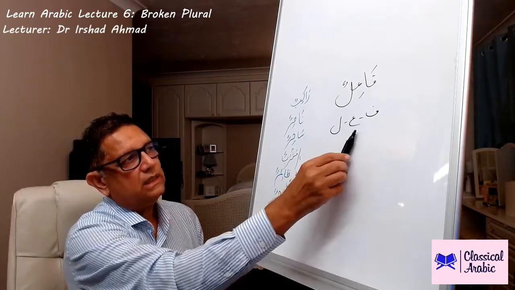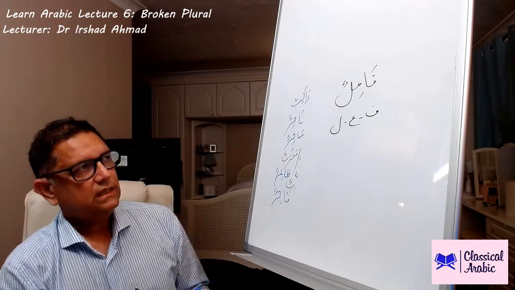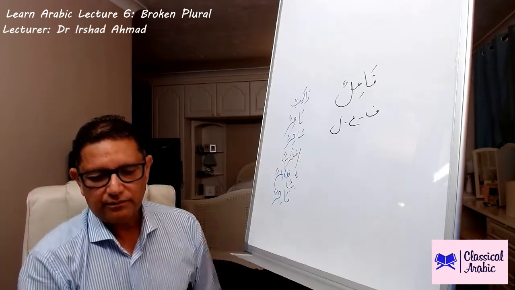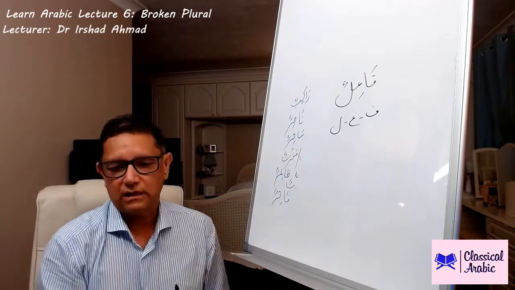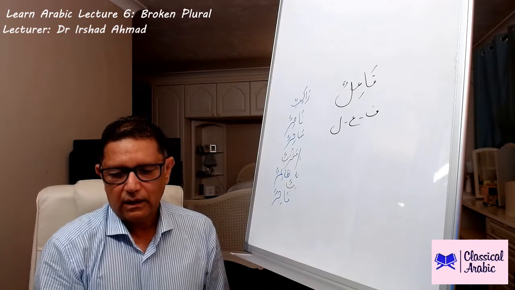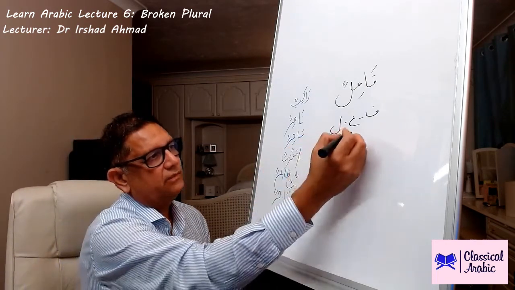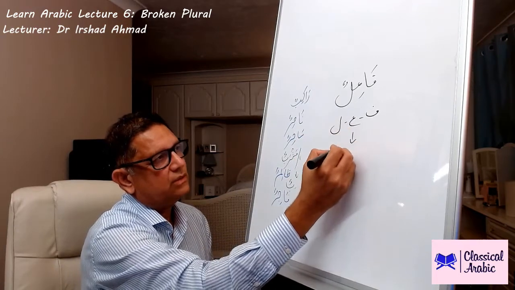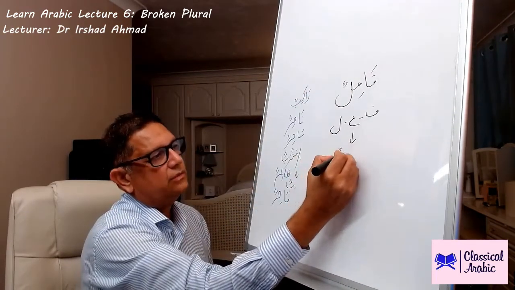So these are three letters. In other words, the origin of this word fa'ilun is fa, ain, lam, and in English we call this the root of a word, of an ism.